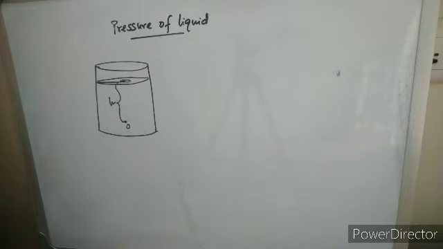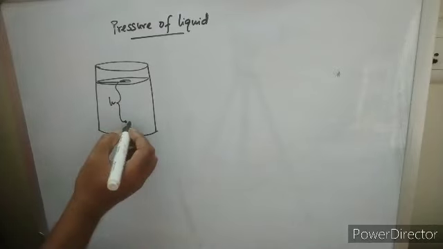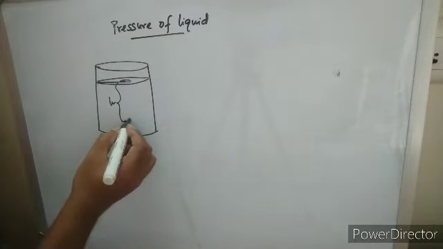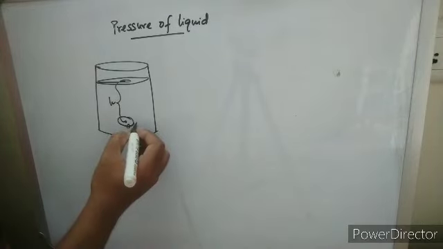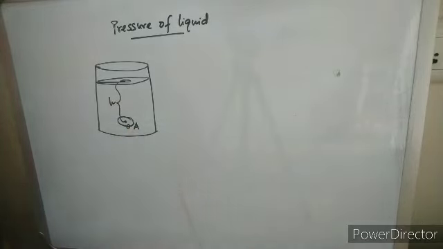So we consider one imaginary circle keeping O at the center of this circle, and we consider the area of that circle is A.